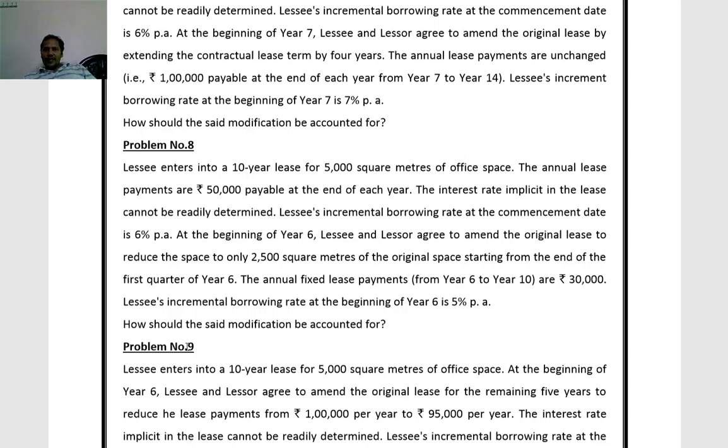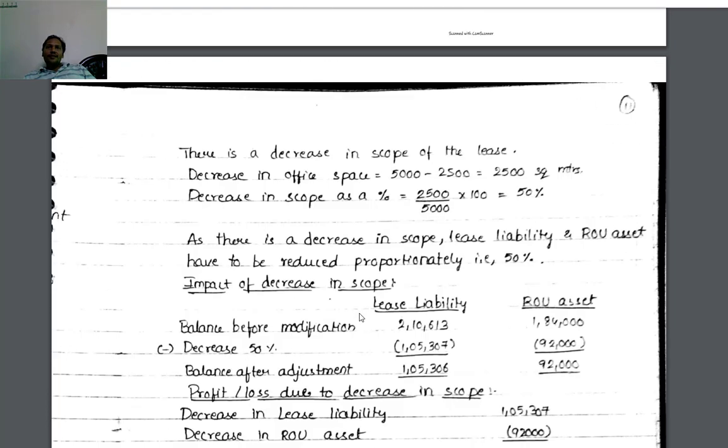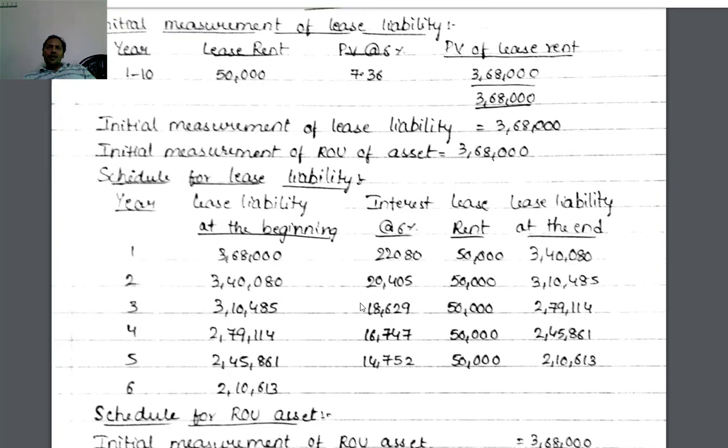So first we arrive at the initial liability and initial ROU value. Then by preparing a schedule for the lease liability, we arrive at the balance at the end of the fifth year, that is, the beginning of the sixth year.